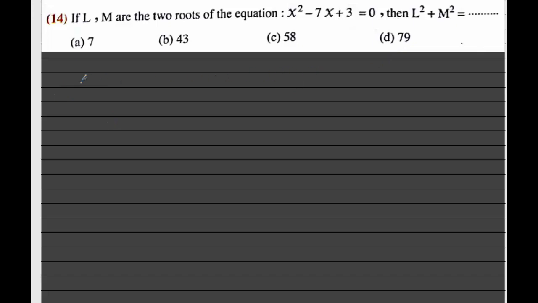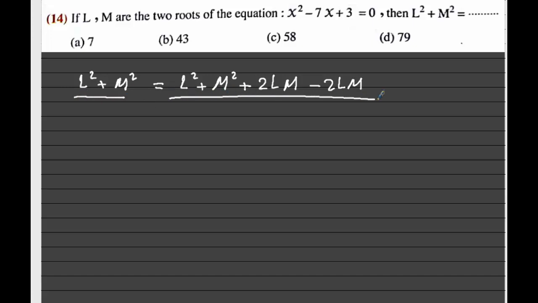So we will start from the required, L squared plus M squared, equals L squared plus M squared plus 2LM minus 2LM. Okay, 2LM minus 2LM equals 0, so the left hand side equals the right hand side.